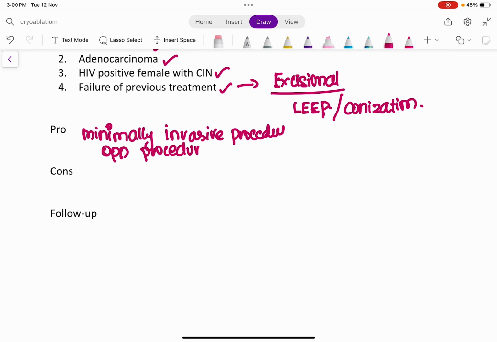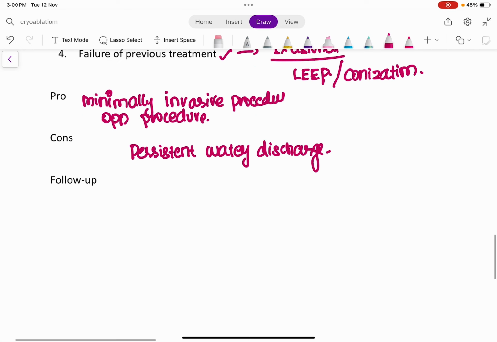There is no need for any admission. The disadvantage is that the patient will have persistent watery discharge after the procedure. Since the process of cryoablation is ideally freezing, the patient will have persistent watery discharge after the procedure. So this is the disadvantage of cryoablation.